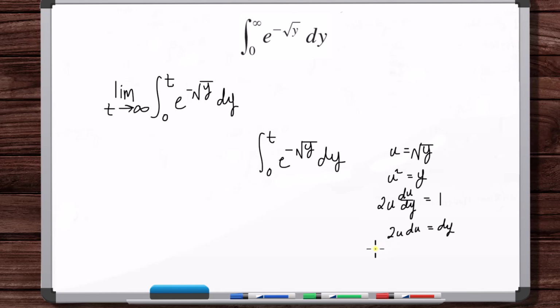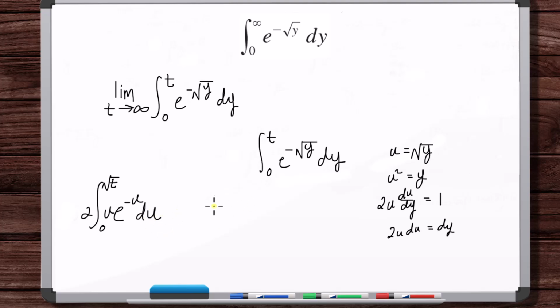So when y is equal to 0, u is equal to 0. When y is equal to t, u is equal to root t. And we've got e to the minus u with the 2u du.